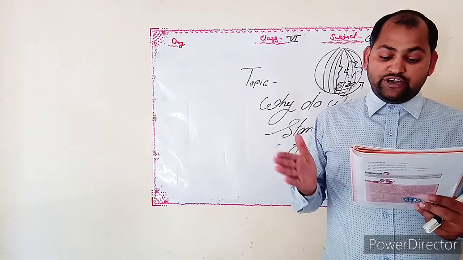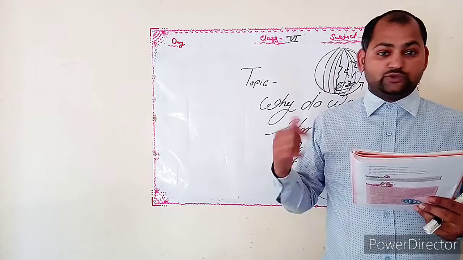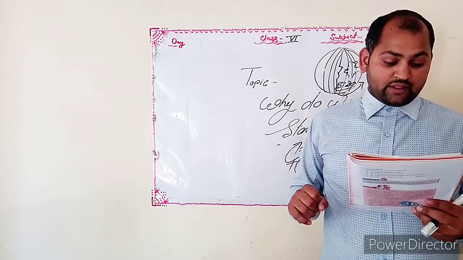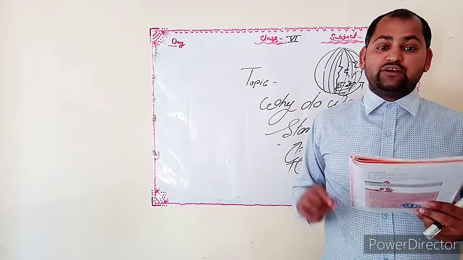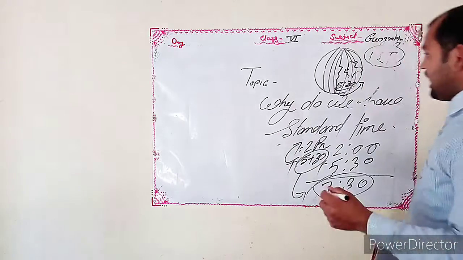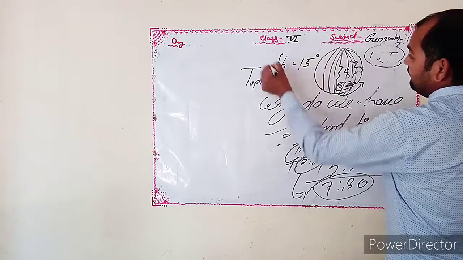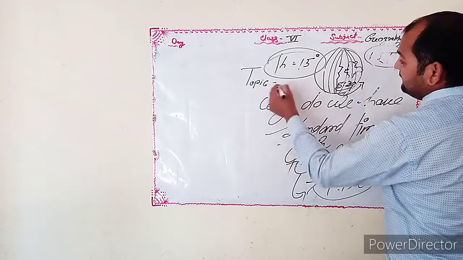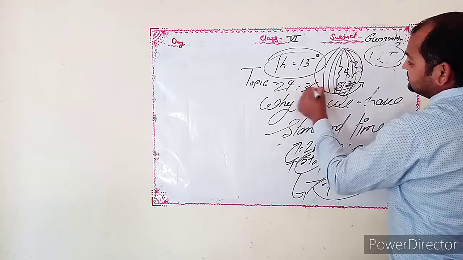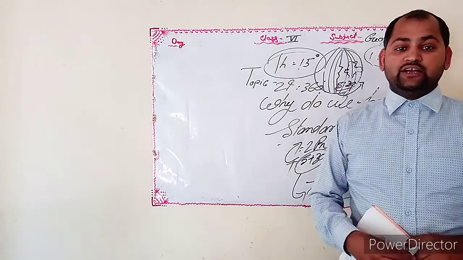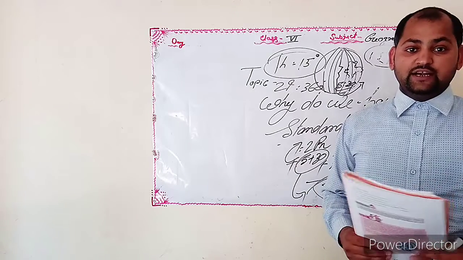So 24 time zones means 1 hour for each of 24 hours, and each zone covers 15 degrees. 1 hour means 15 degrees, so 24 hours means 360 degrees. That is how the Earth has been divided through the longitude of time.